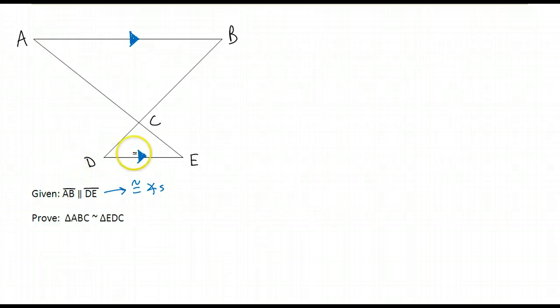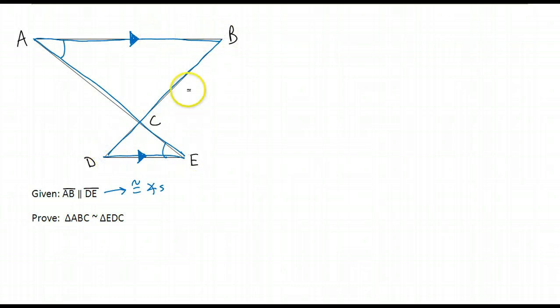And when I have parallel lines cut by a transversal, the angles that make up that zigzag are going to be alternate interior angles. So I actually have 2 pairs of congruent angles.